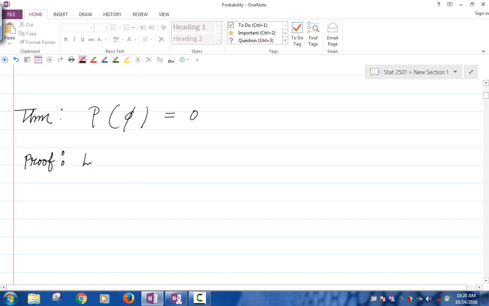Let E1 be the event which is the entire sample space S, and let's take E2 equal to E3 equal to E4 equal to and so on.